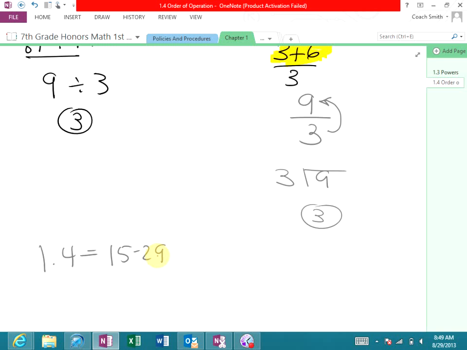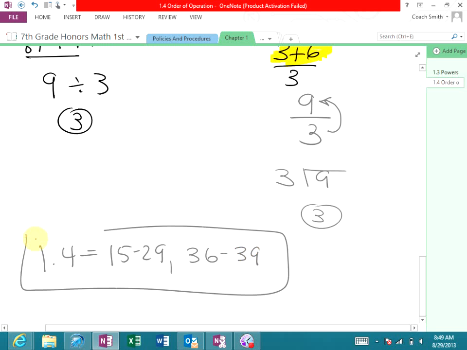And then we're going to do 36 through 39. Okay, so that's like 19 problems. You still have quite a bit of time in class to get it done, so let's go ahead and start working on that. 15 through 29, 36 through 39. Remember, write the original problem and show all your work underneath the problem.